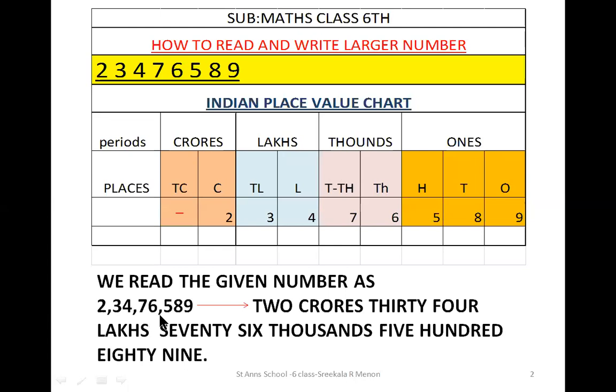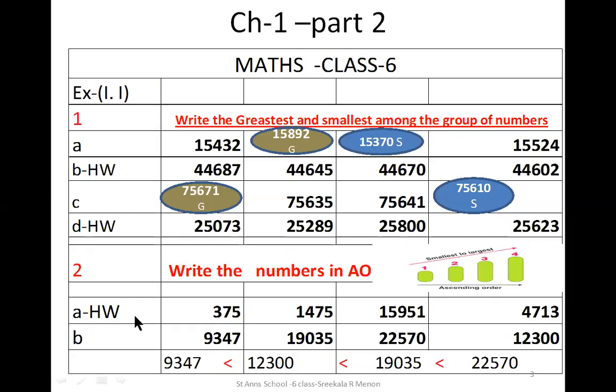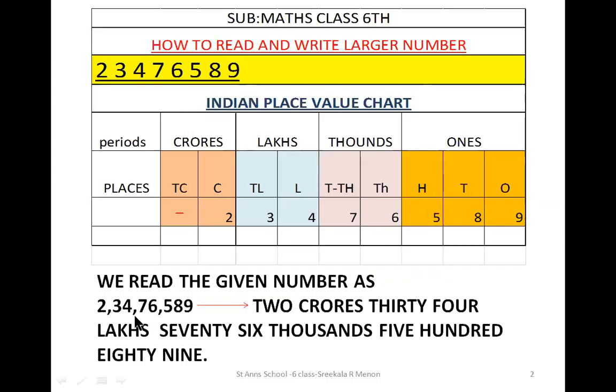Thereafter, every 2 digits. See, after 7, 1 comma is there. Then after 3, 1 more comma is there. So once again, I repeat, from the extreme right, after 3 digits, you should put the first comma, thereafter every 2 digits.